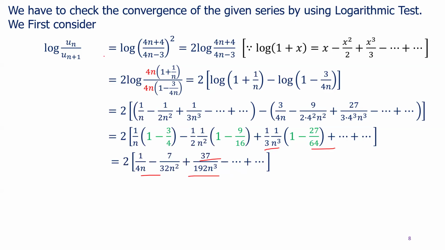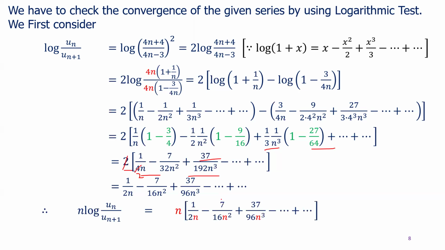This is the value of log un upon un plus 1. We take 1 upon 2 and multiply it by this 2. So 1 upon 2n minus 7 upon 16n square plus 37 upon 96 n cube, and so on.